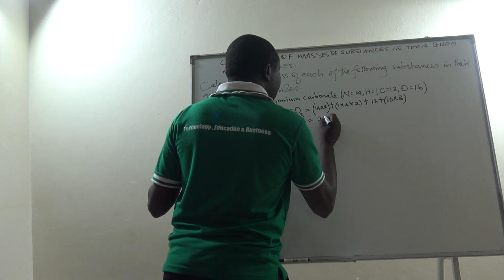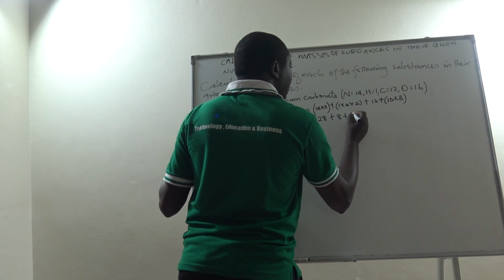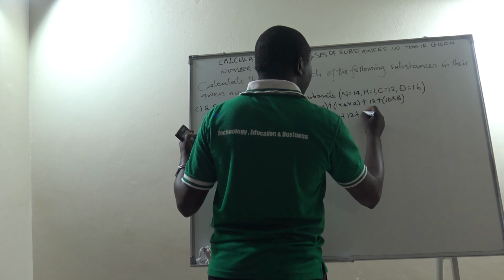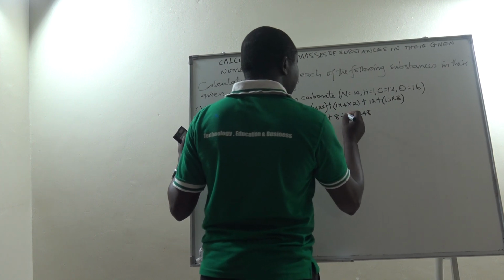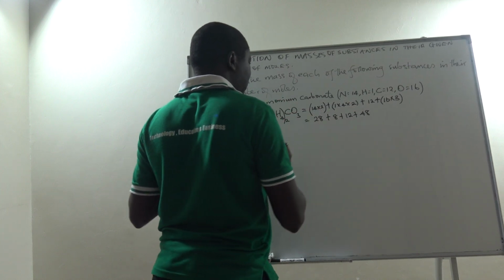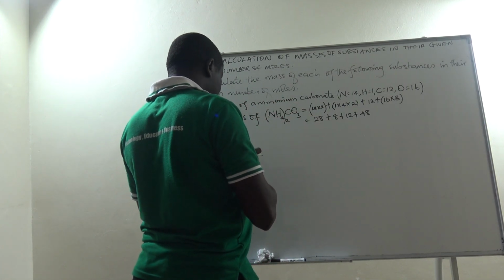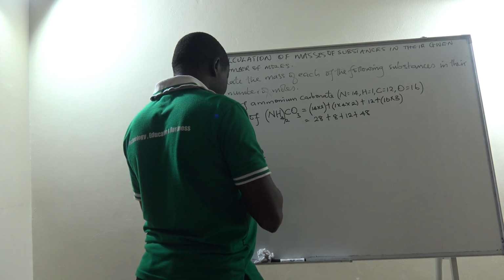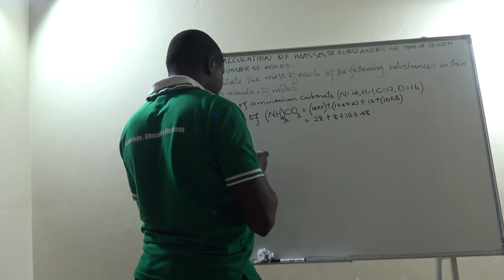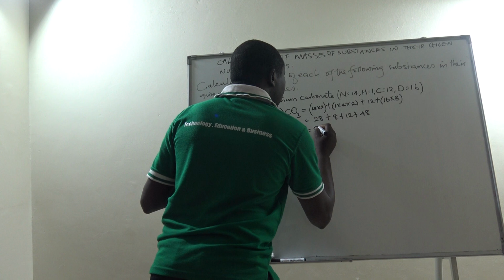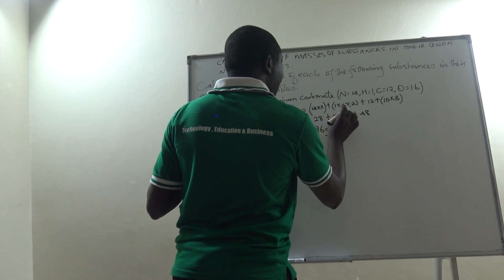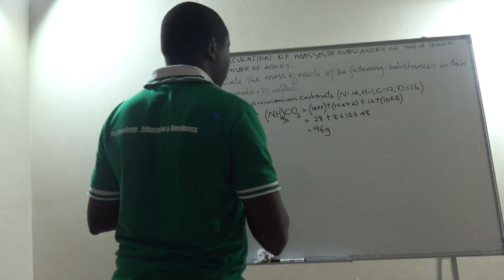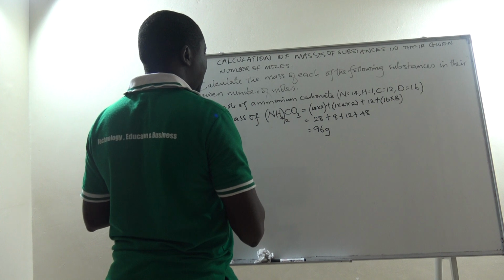This one gives us 28 plus 8, 16 times 3 is 48, then we have 12 here. Let's prove that. 28 plus 8 plus 12 plus 48. It is exactly 96. So that is the molar mass of ammonium carbonate.